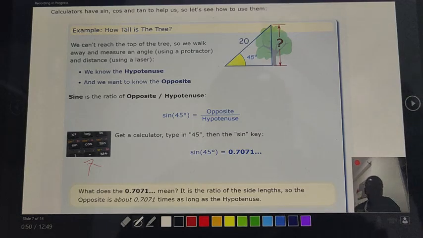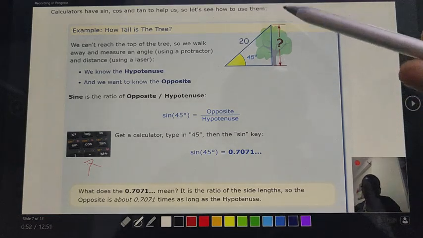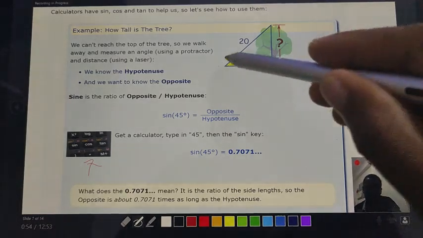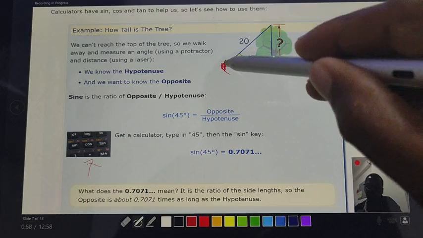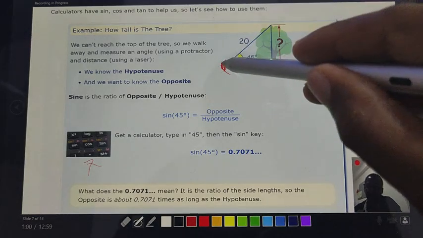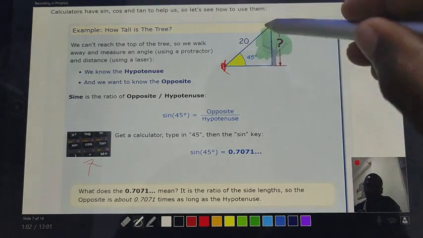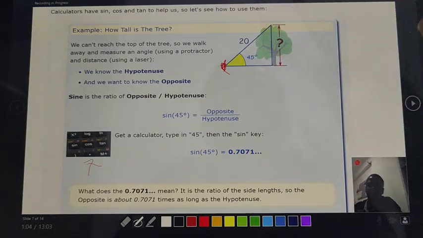In this example, we are trying to find the height of this tree. It could be you standing there, looking up at that angle, and you know the distance from where you're standing to the top of the tree, but you don't know the height of the tree. So how do you do that?